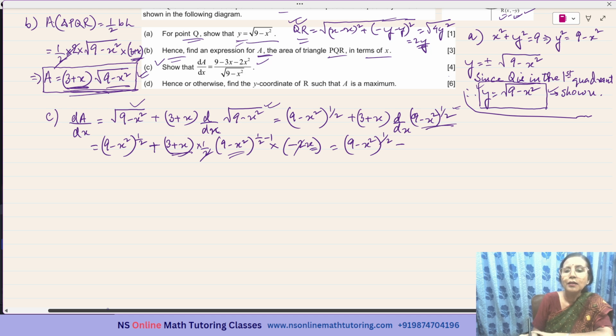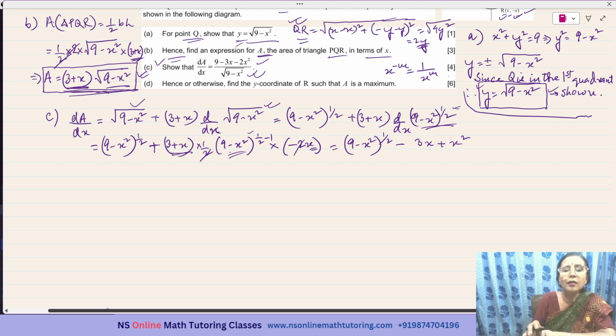And it is 3x, 3 times x is 3x, and x times x is x square. Okay? And this is 9 minus x raised to the power of negative half. Half minus 1 is negative half. And we know that x raised to the power of negative m can be written as 1 over x to the power of m. I need to bring this down because they are having this denominator.